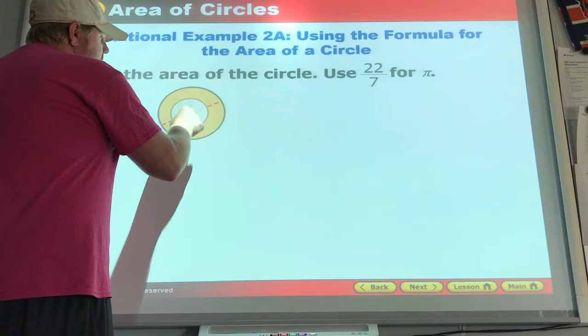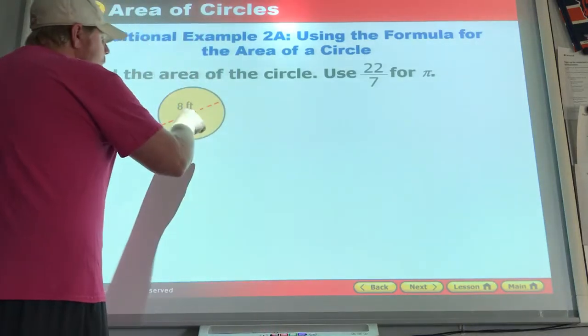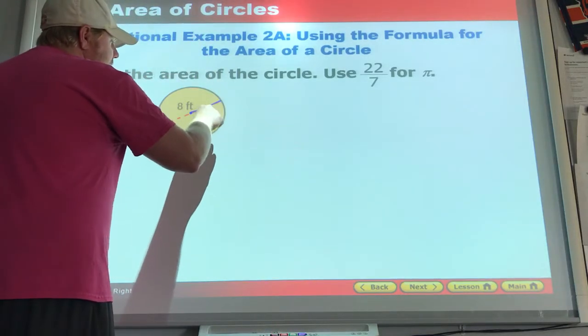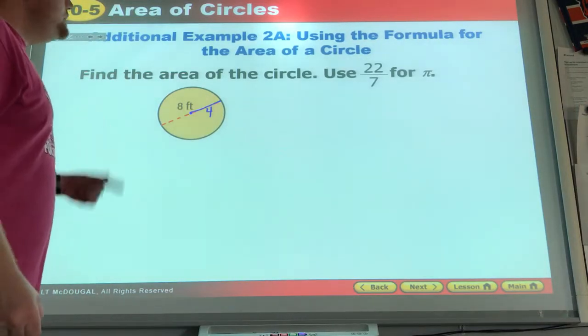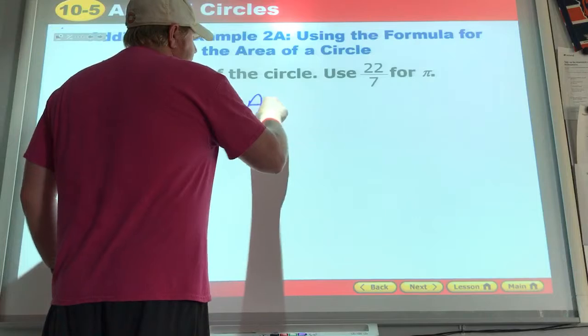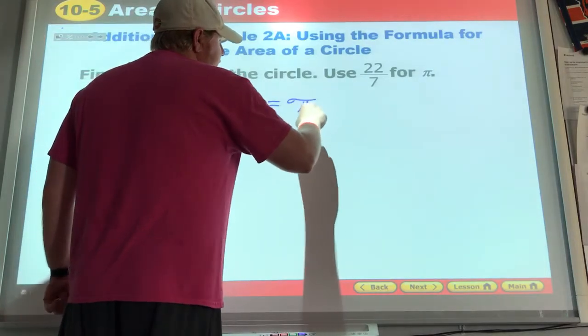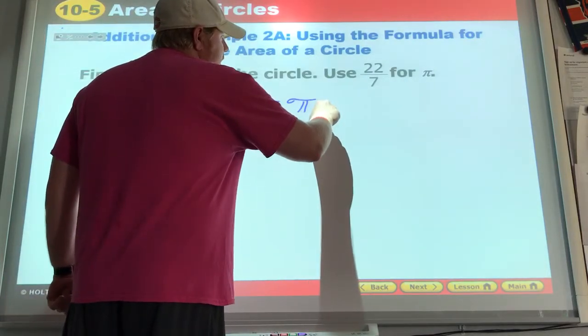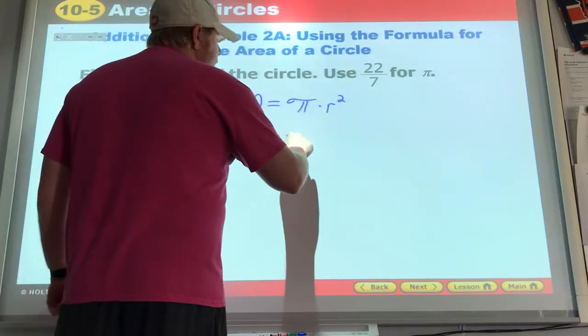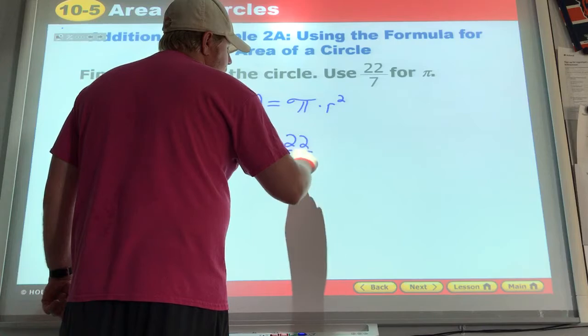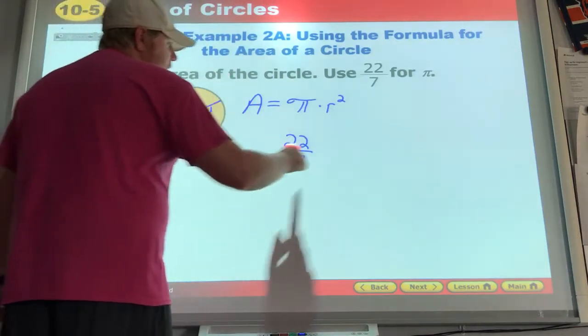So diameter is 8. Really don't want diameter. I want radius. So why do they keep giving me diameter? To make sure you're paying attention. So area for this one is going to be pi r squared. But for pi, we're using 22 over 7.